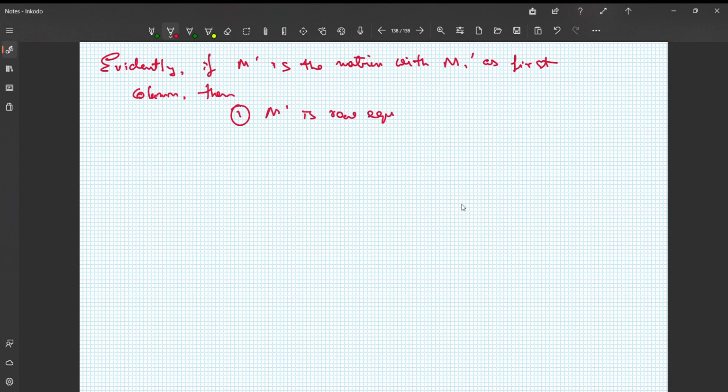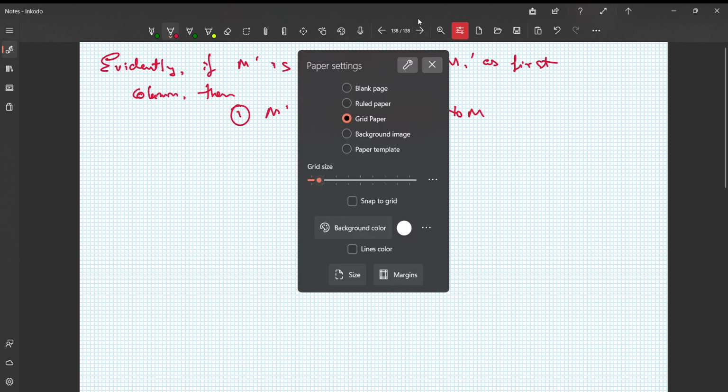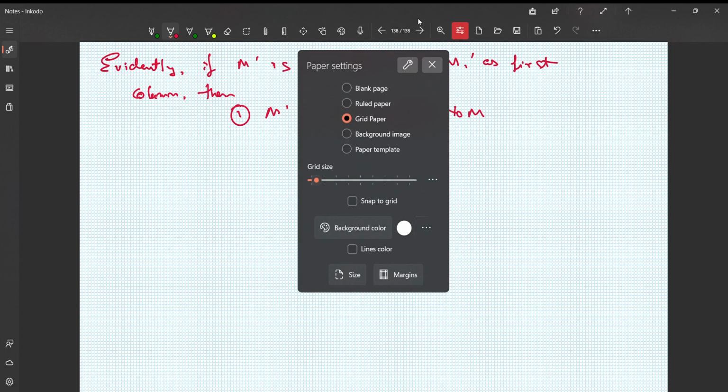The observation is basically that M dash is row equivalent to M. So it's row equivalent to M, right? One second, one second.